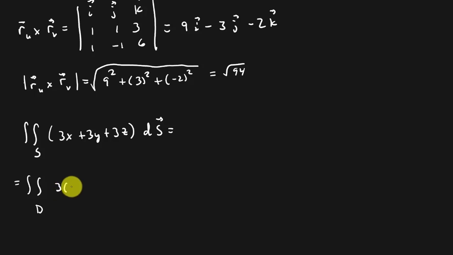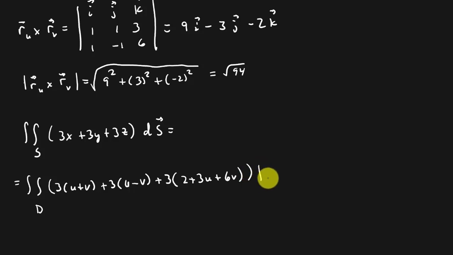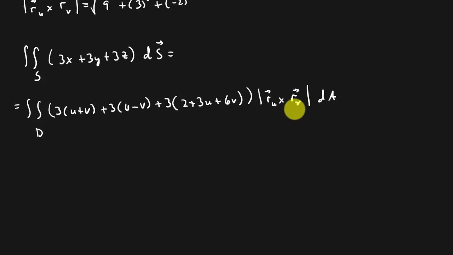So that's going to be 3 times (u plus v) plus 3 times (u minus v) plus 3 times (2 plus 3u plus 6v), and it's all of that times the magnitude of the cross product of r_u and r_v. So this is going to give us the square root of 94 times the integral.